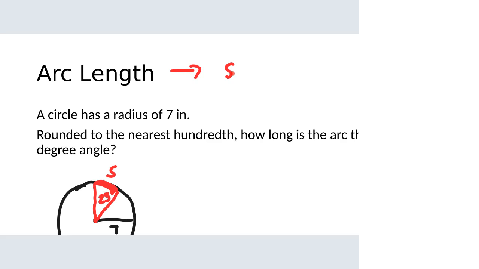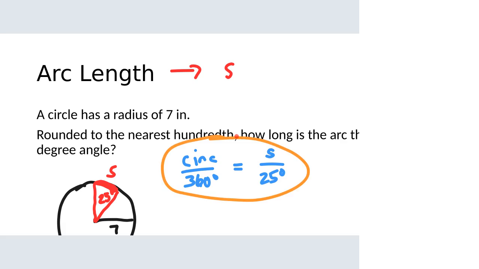And here's how we're going to go about this then. The relationship we're going to set up is, if the entire circumference of the circle goes with 360 degrees all the way around, that's going to be proportional to however long my arc length is and that 25-degree angle. Please let me know if the logic of this doesn't make sense.